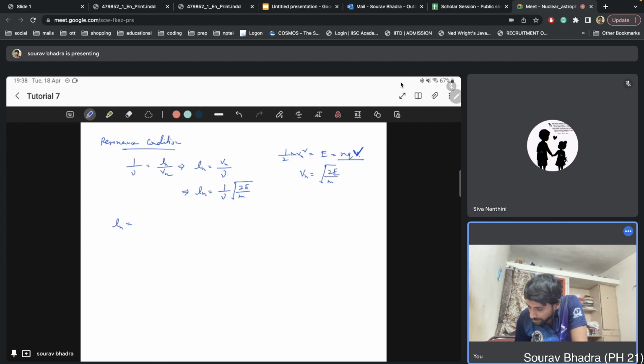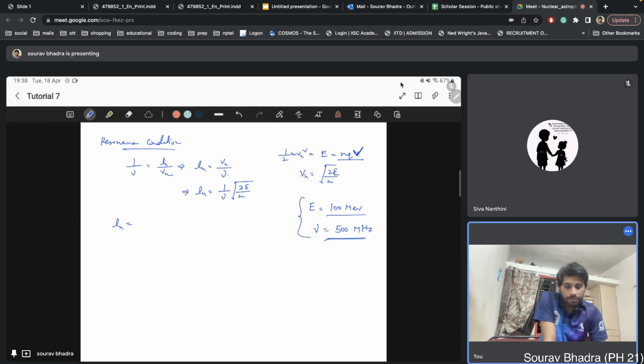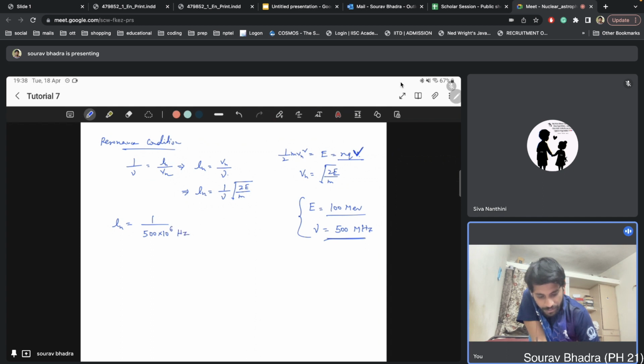So the energy E is given as 100 MeV. That means in the linear accelerator the particle has gained an energy of 100 MeV, and nu is given as 500 megahertz. These are given in your problem. So from that you can calculate ln very easily. It is 500 into 10 to the power 6 hertz, because we have converted megahertz to hertz.